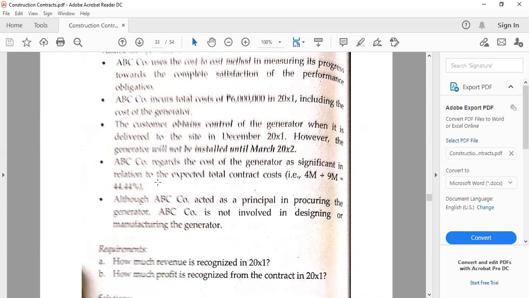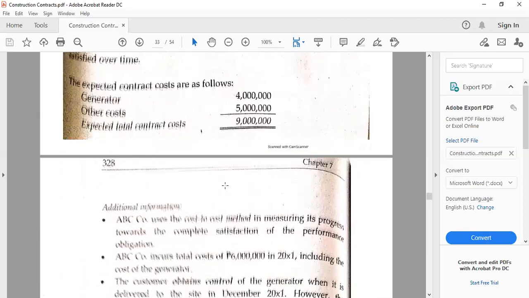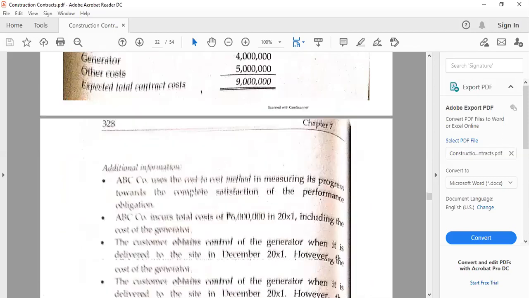Number 3, significant, we can see this on the percentage as computed. That is 4 million divided by 9 million, which is 44.44%. Then although ABC Company acted as a principal in procuring the generator, ABC Company is not involved in designing or manufacturing the generator. So these are standard provisions that we have to know as to whether adjustments are to be made.